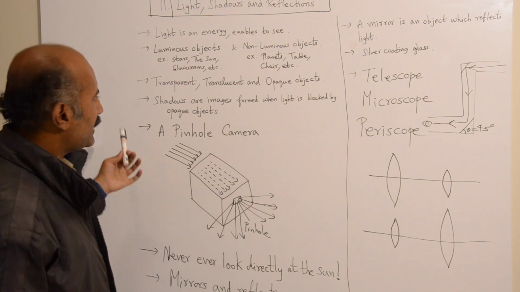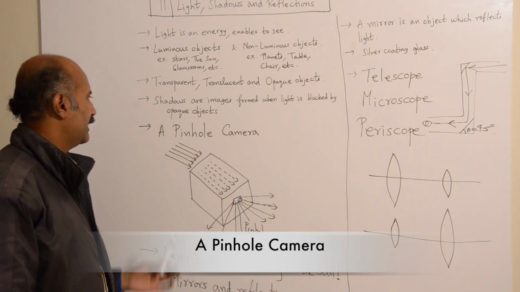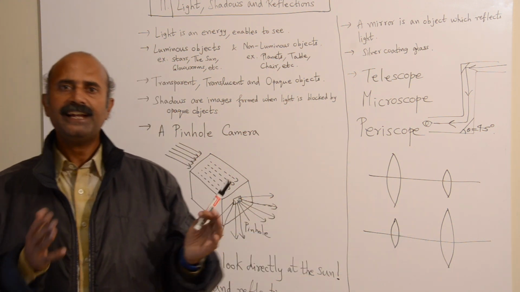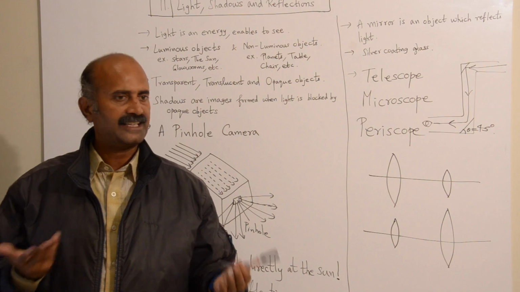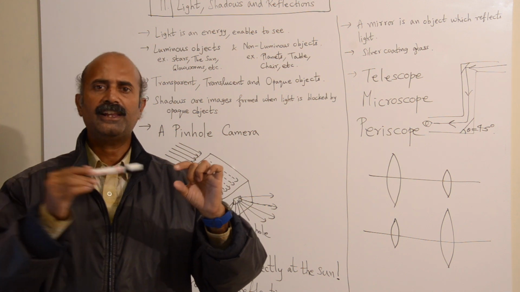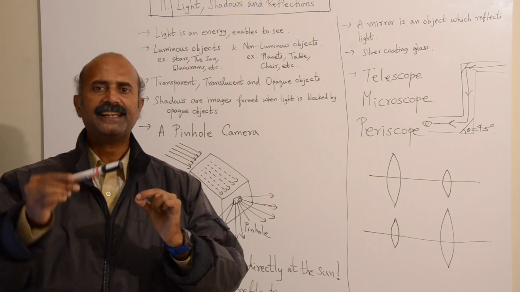A simple example which I would like to give over here is a pinhole camera. A pinhole camera was earlier made manually. Later on, the cameras which we use nowadays, even the digital camera, all have the same technique. You just have a pinhole, a bunch of light rays passes through it, and once it reaches a small pinhole, the light gets spread out.